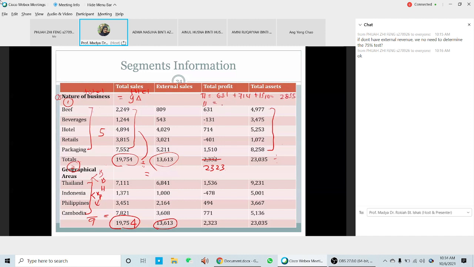For the loss here, you have 131 plus 401, so you're going to have 532. Which one are you going to select as the denominator? You choose the higher of these two, so the highest here is 2855. All these figures need to be divided by 2855.